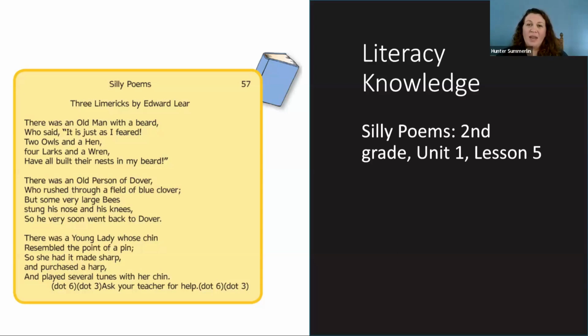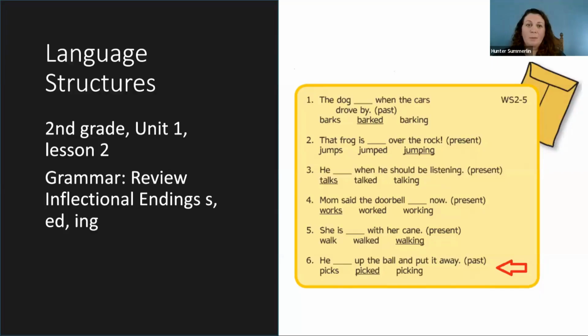So having that breadth of different types of literacy experience not only builds their literacy knowledge, but you can also attribute it to having a literacy-rich environment for the student.